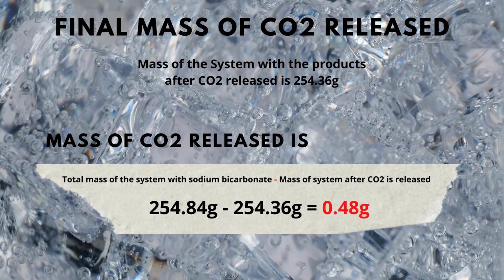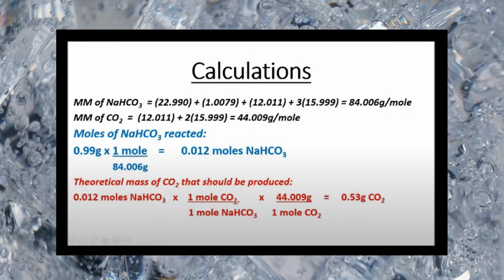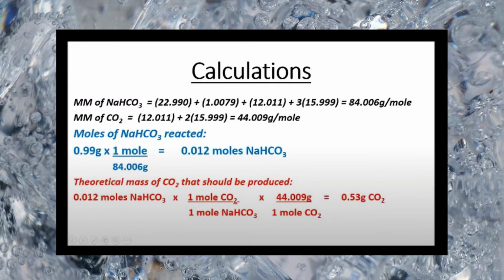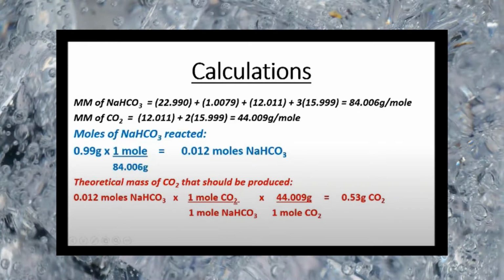For the theoretical mass of carbon dioxide that should be produced by this reaction, we first have to get the molar mass of sodium bicarbonate, or NaHCO3, which is 84.006 grams per mole, and the molar mass of carbon dioxide, which is 44.009 grams per mole.